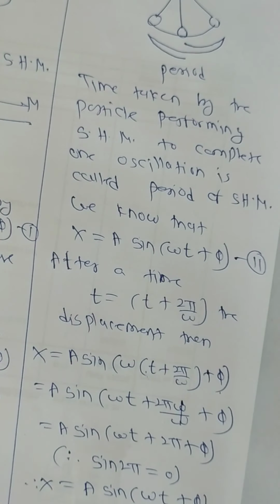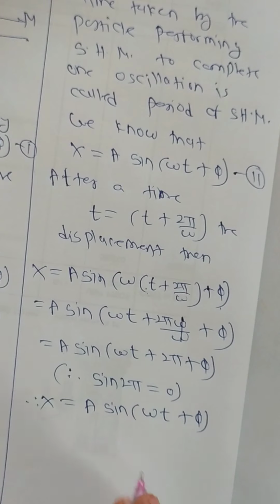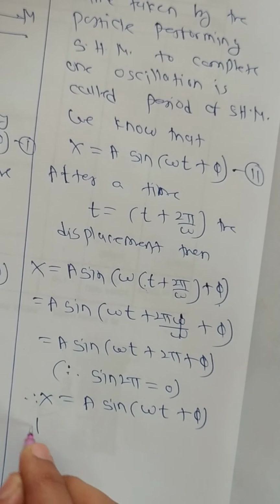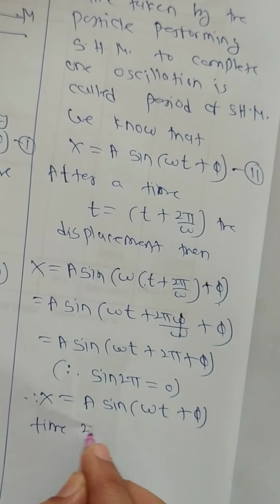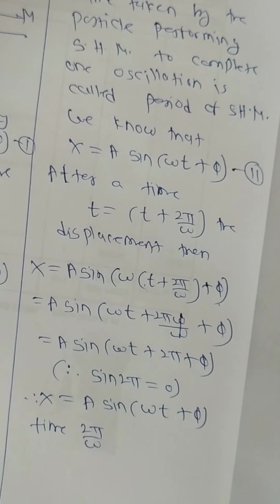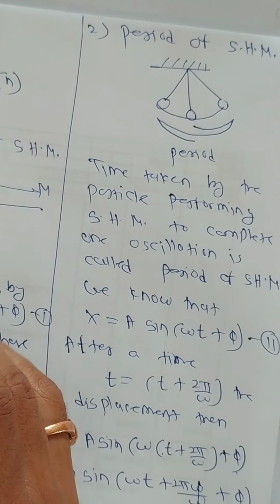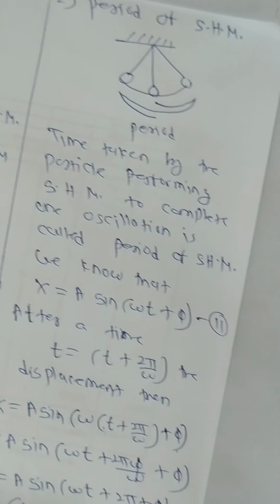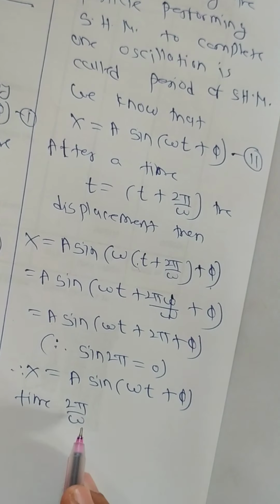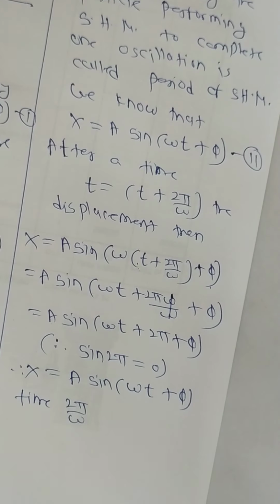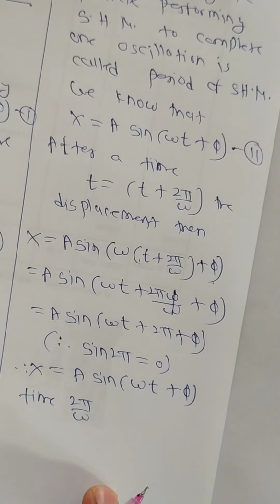After a time interval of 2 pi upon omega, the particle will be at the same position. Every 2 pi upon omega, the particle will be at the same position.